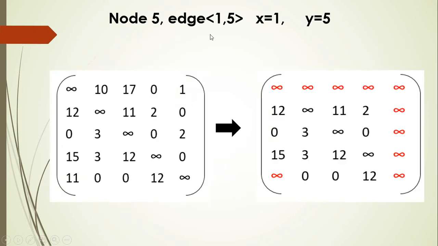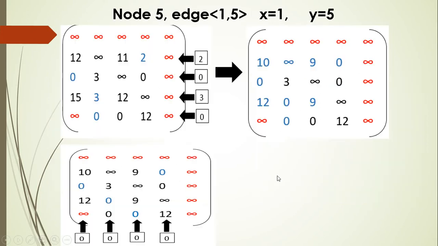Similarly for node 5, we are traveling here from edge 1 to 5. So make first row and the fifth column infinity, and 5 to 1 also make it infinity. First reduce the rows.